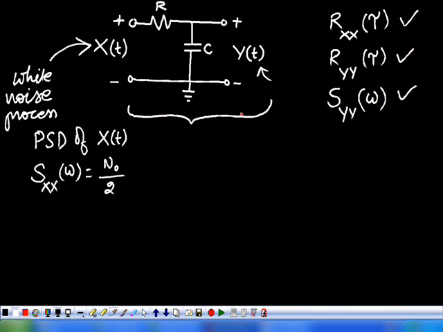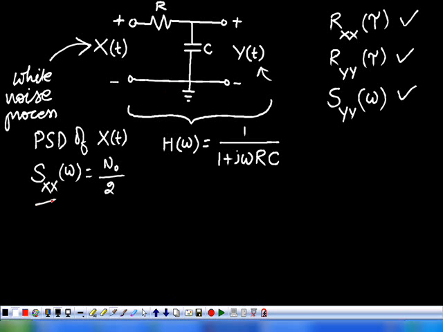So this is an example of an LTI system. Here the transfer function of this particular system is equivalent to 1 by 1 plus j omega RC. You might have derived the transfer function of this RC low pass filter.